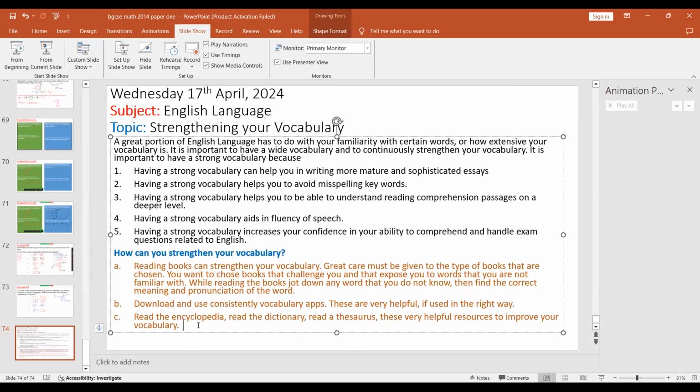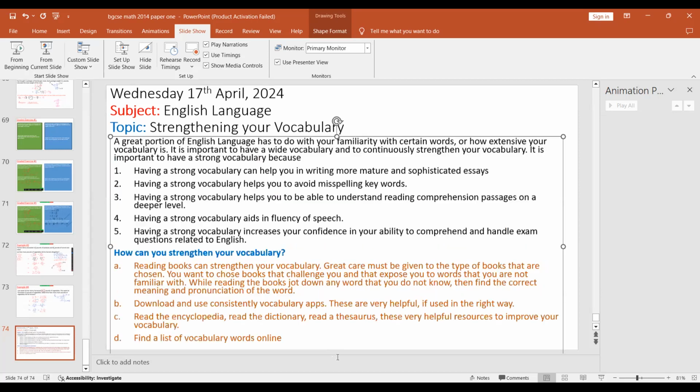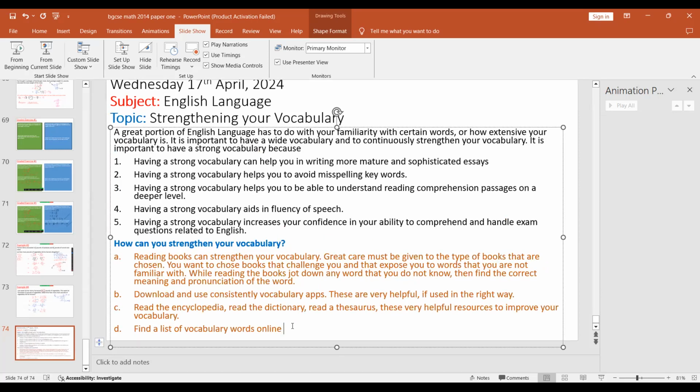Okay, and then you could also find a list of vocabulary words online. So just go online and type in vocabulary words for and put your grade in.